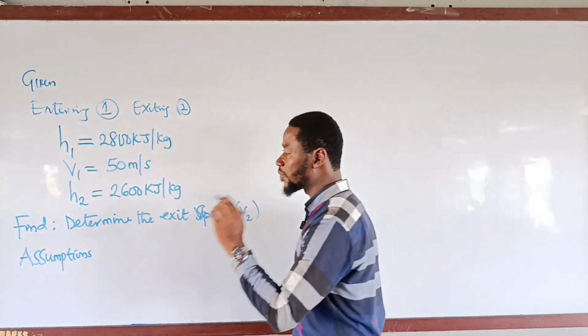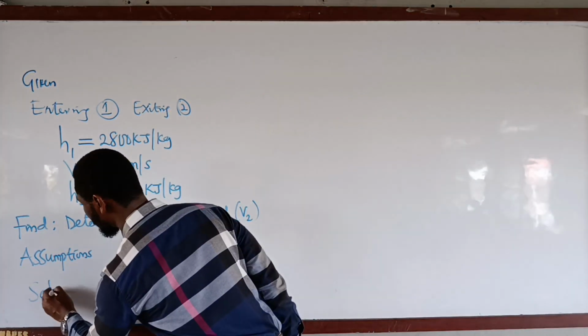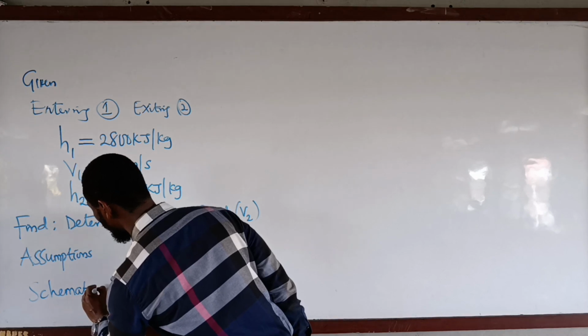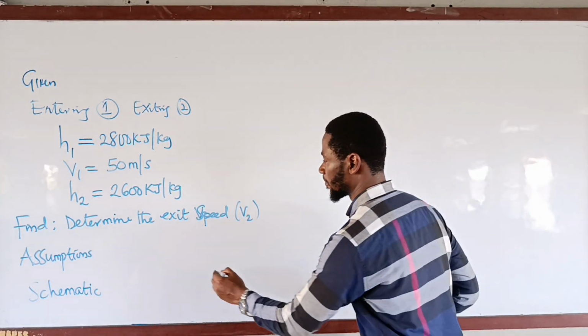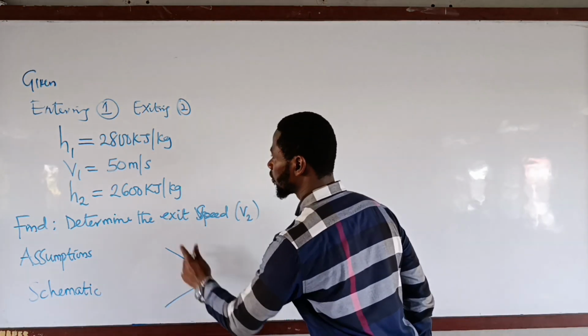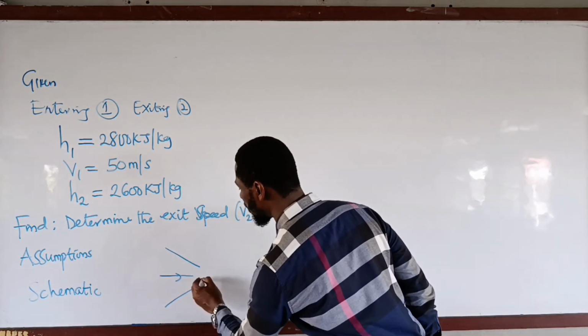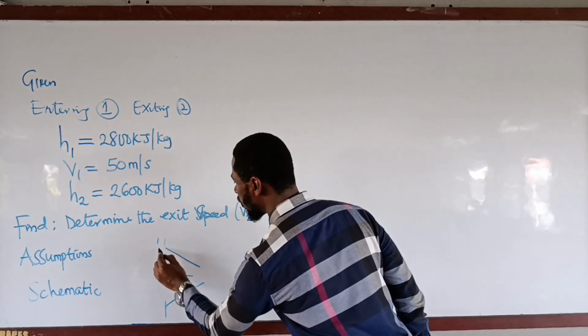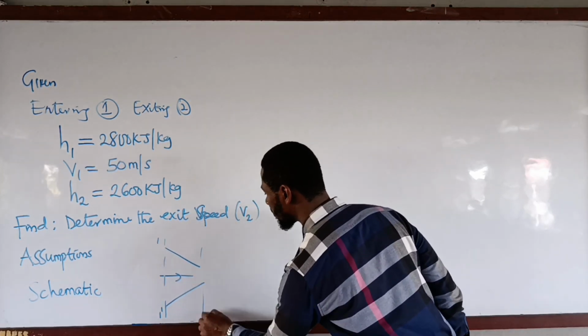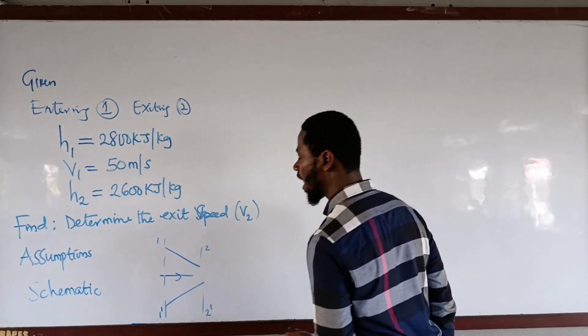The next step, step 4, is the schematic. We all know how the schematic of a nozzle looks. This is a nozzle, and this is the direction of flow of the working fluid. This is state 1, and here is state 2.